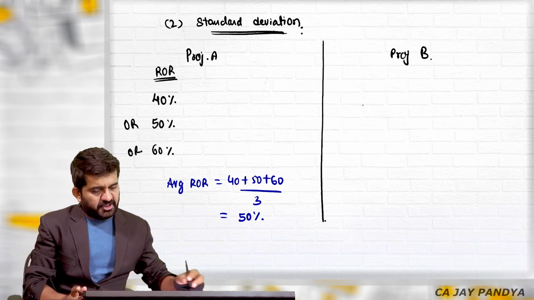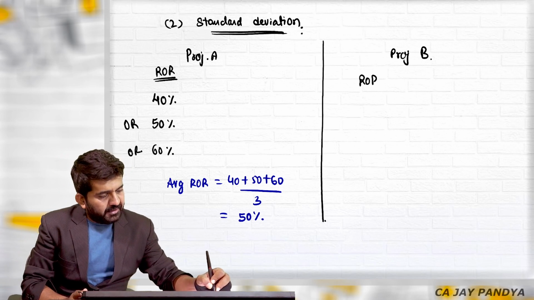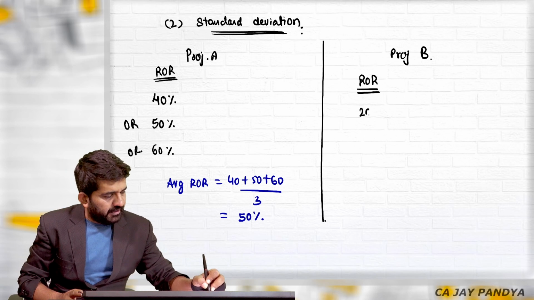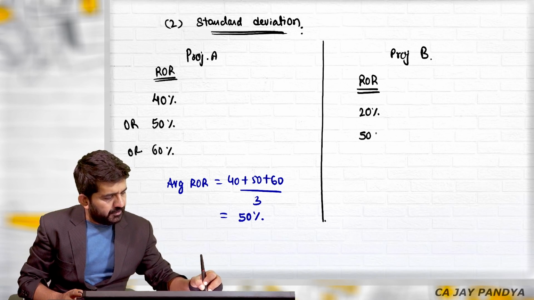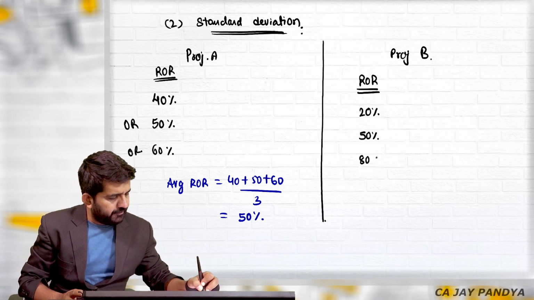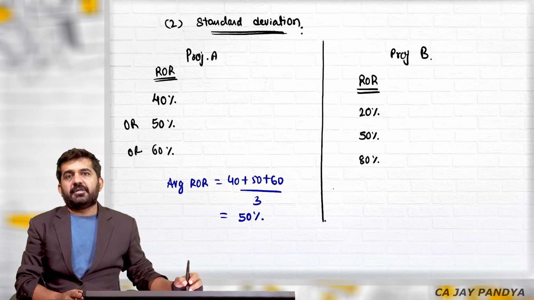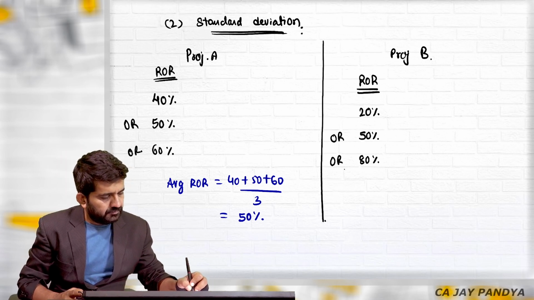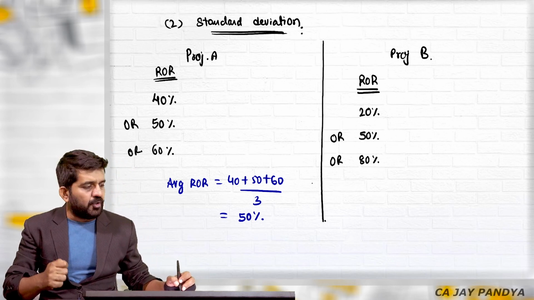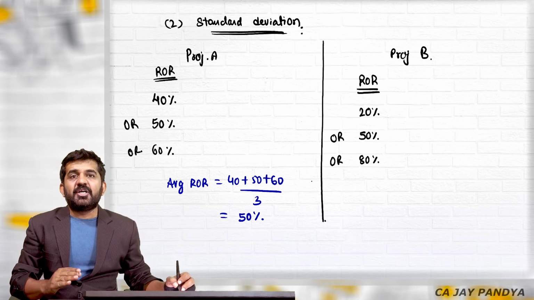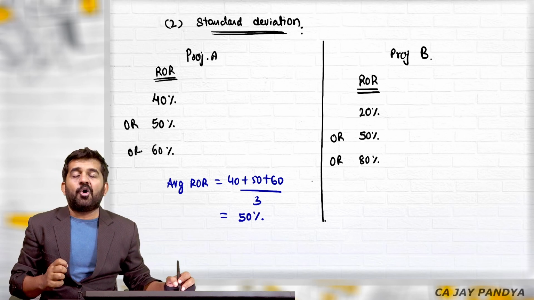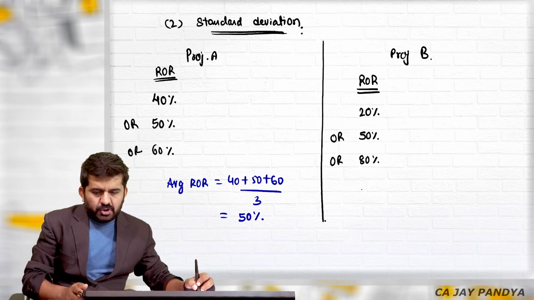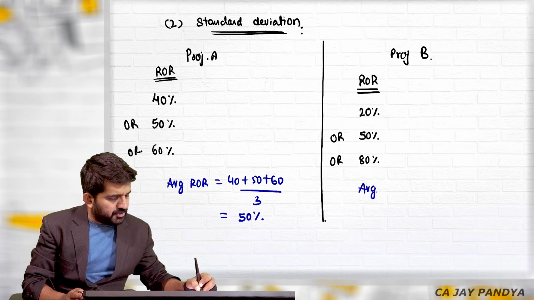Let us go to project B. The rate of return expected from project B is 20%, 50%, and 80%. And the chances of project B having 20% rate of return or 50% rate of return or 80% rate of return are equal. So you can always find out the average by the simple method.